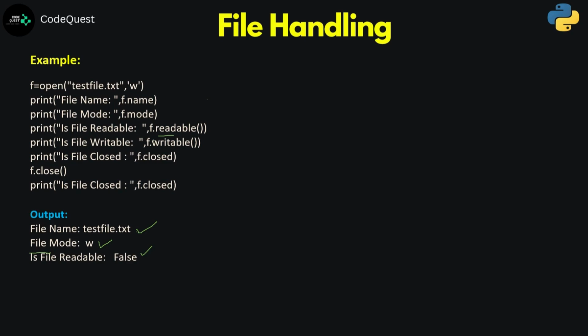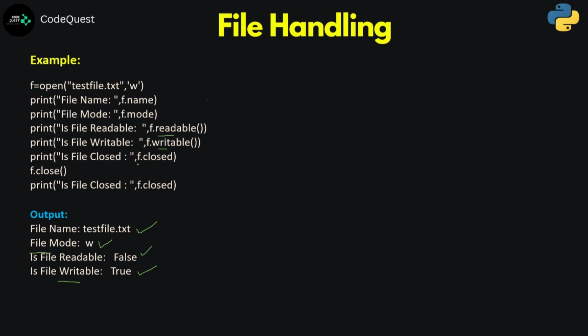Now when I'm asking f.writable, it is going to check whether this file is allowed to be written onto. Yes. So the output is, is the file writable? Yes, it is true. Now I'm checking, is the file closed? You can see I have not invoked the close function so far.